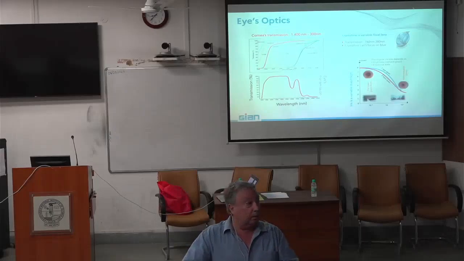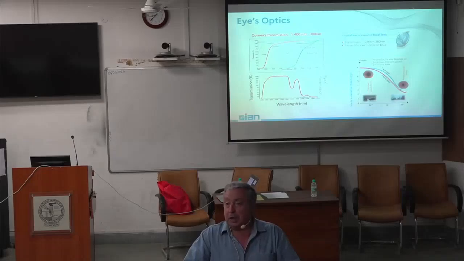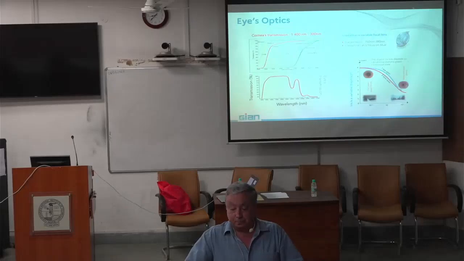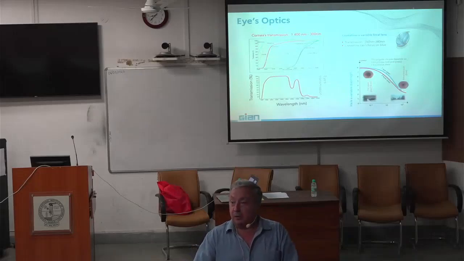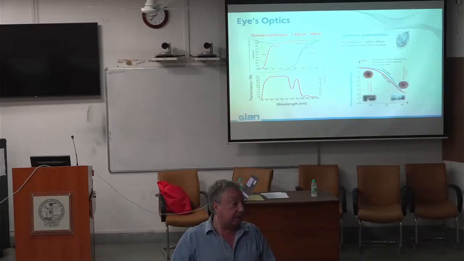When we do crystalline lens operations today, we take out the lens and put a plastic part to replace it in the case of some problems with the eye. We select plastics that have almost the same transmittance, and they cut UV.